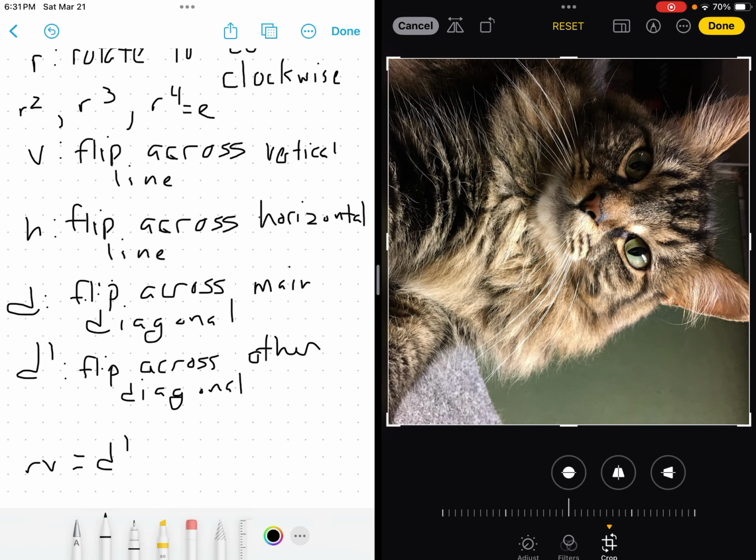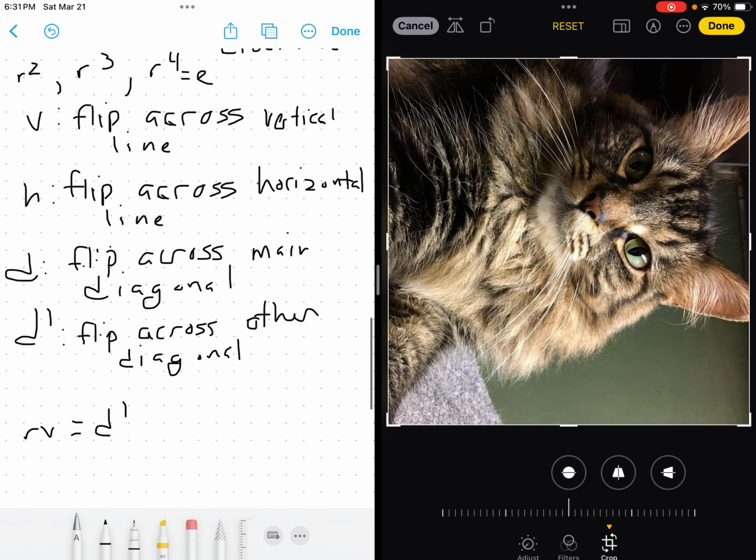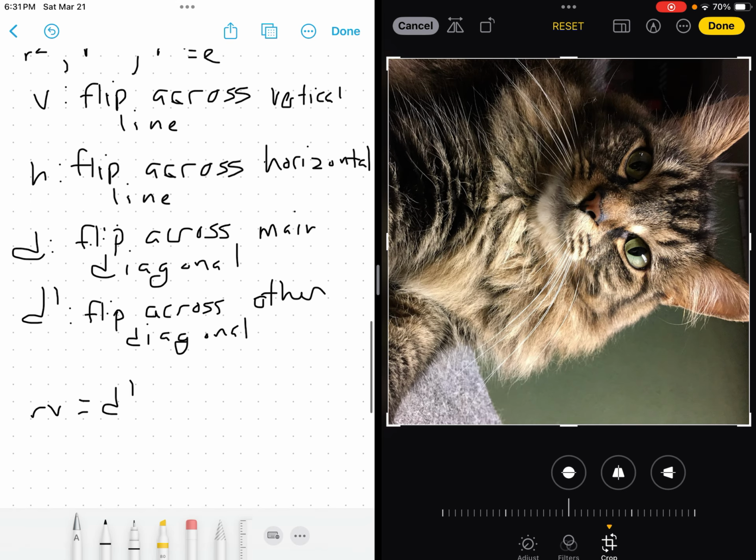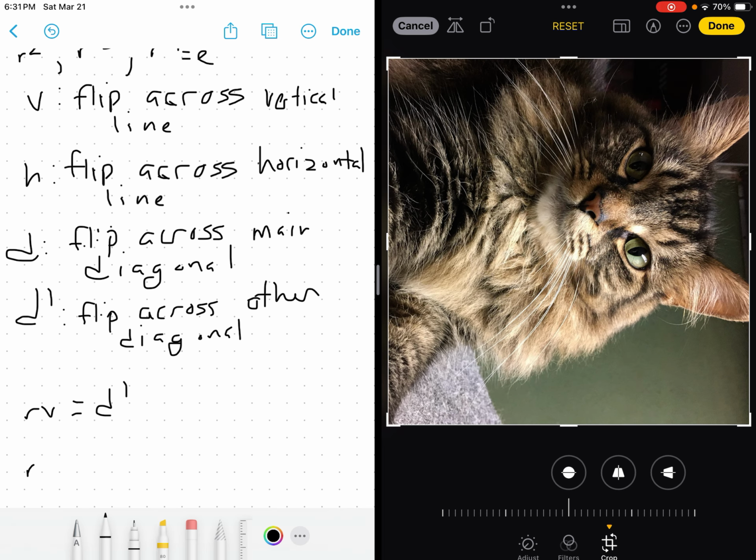We figured out, for example, that if we were to rotate something three times, it would undo rotating once. So again, I invite you to keep on experimenting, potentially using a photo app like this. Figure out what all possible combinations are, whether it's possible to get any other types of flips.